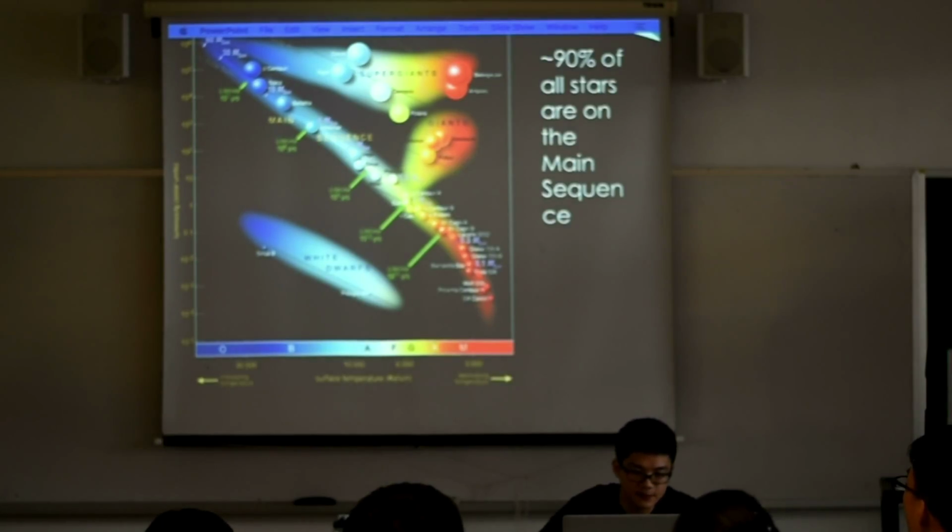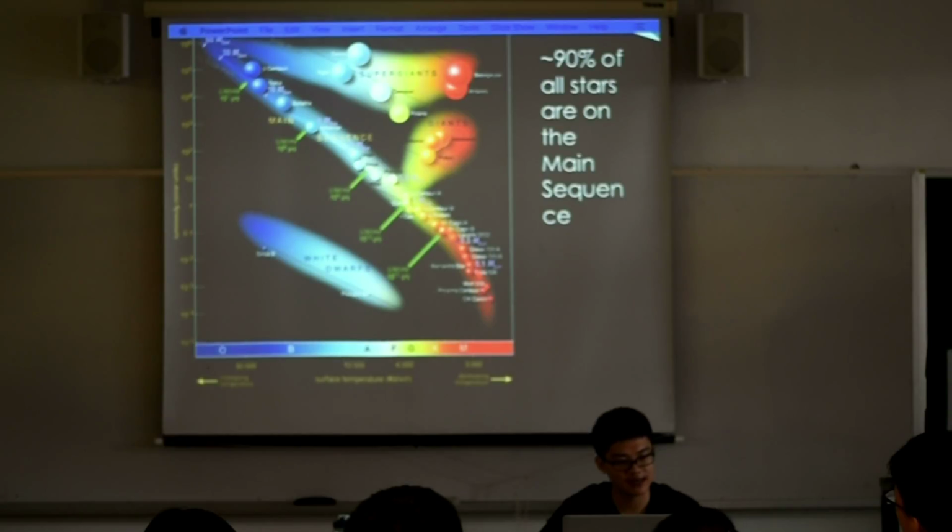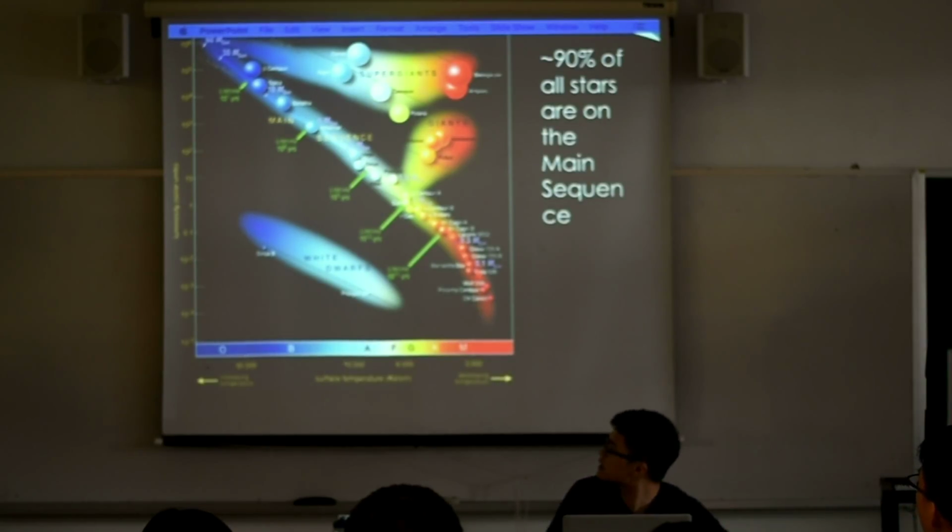So we can see usually the upper left are stars with higher mass, and the lower right are stars with lower mass. However, you can see the white dwarfs. Although they are hot, they generally have smaller luminosities.